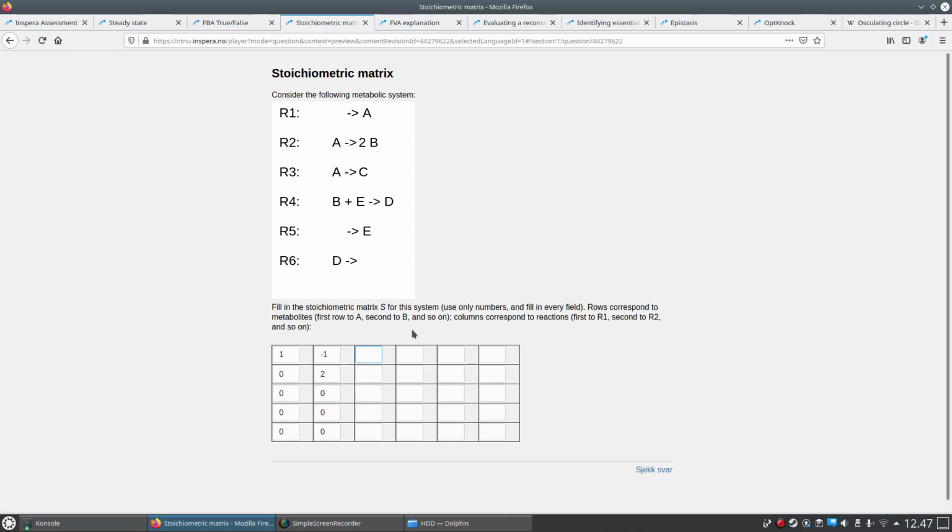Reaction 3 takes 1A and produces 1C, so that goes on the third row. The rest are 0. Reaction 4 consumes 1B and 1E, which is the 5th row here, and produces 1D.